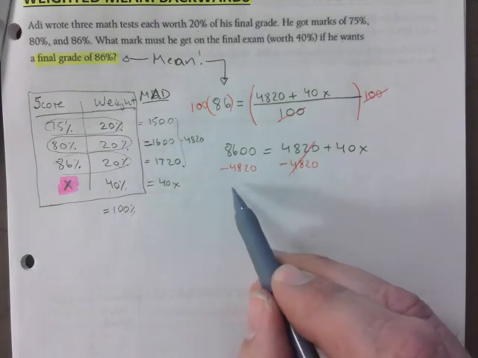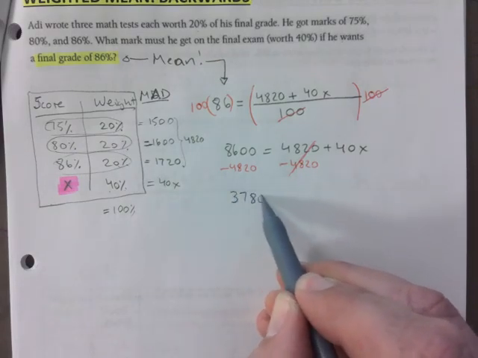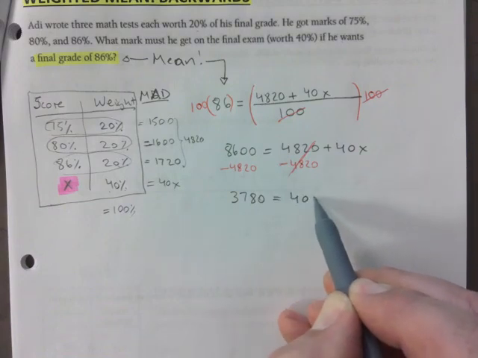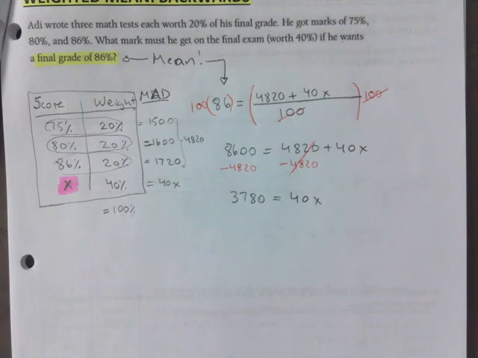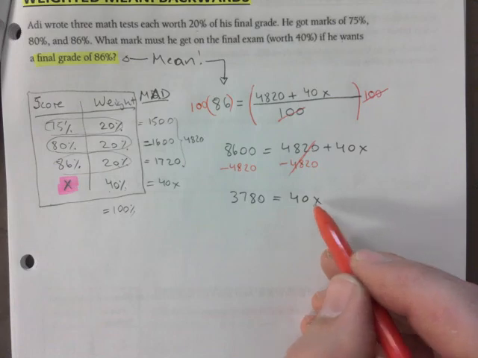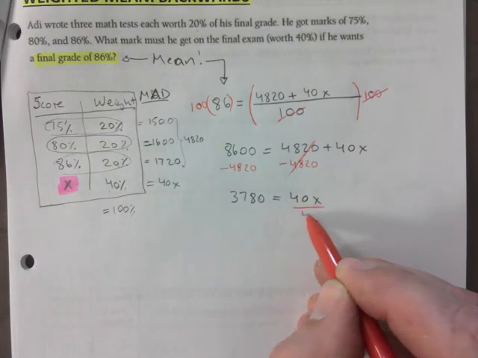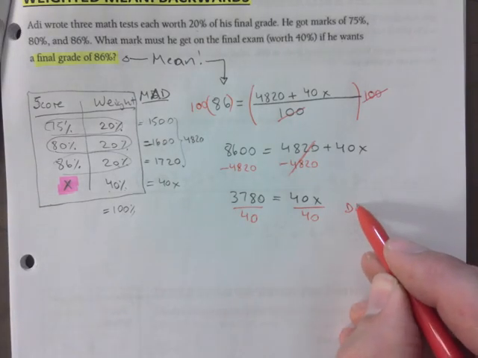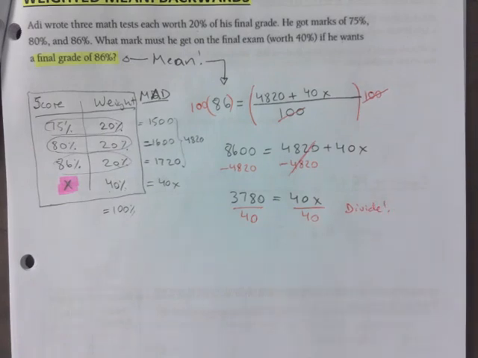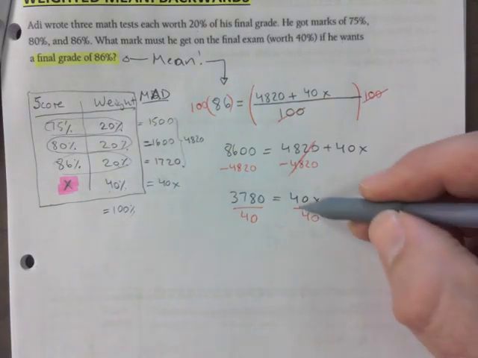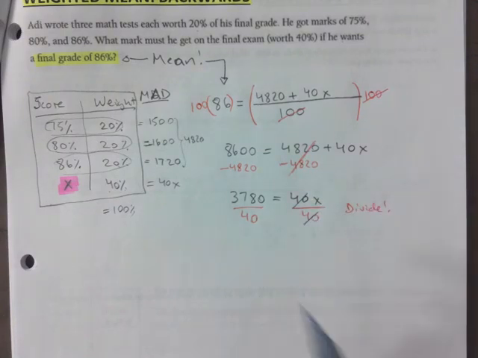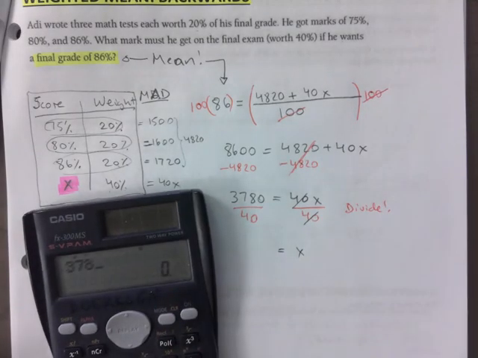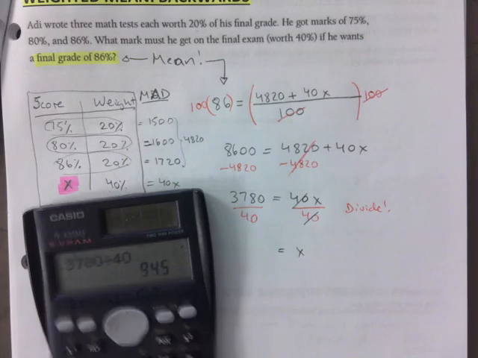You're left with 3780, and you're down to 40x. Now you want to get rid of what's right in front of x, so we divide by 40. We divide, not subtract. So we can get rid of the 40 here and the 40 there, leaving us with x on that side. And we go 3780 divided by 40.